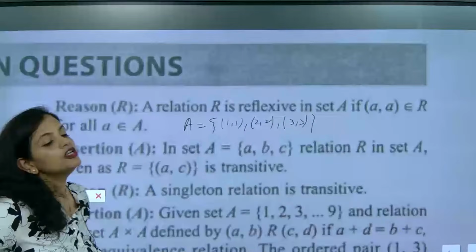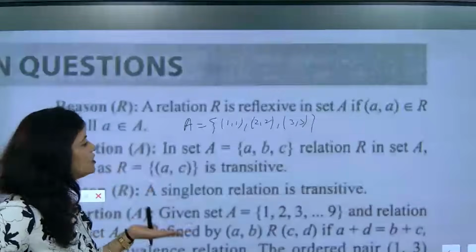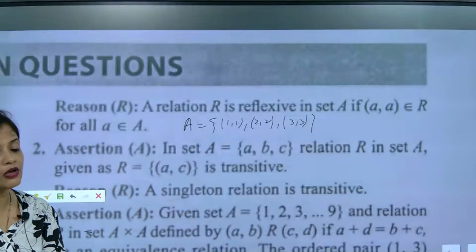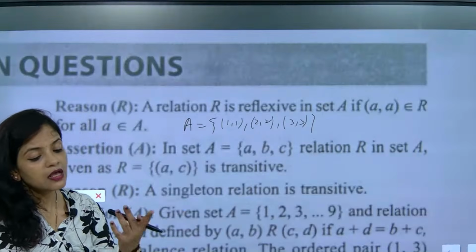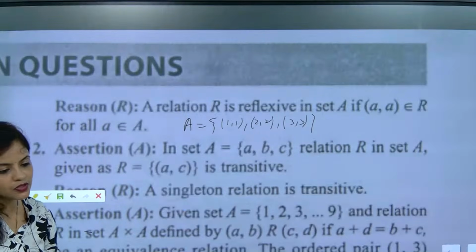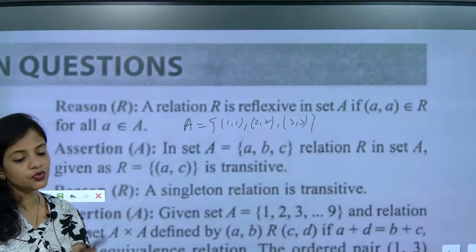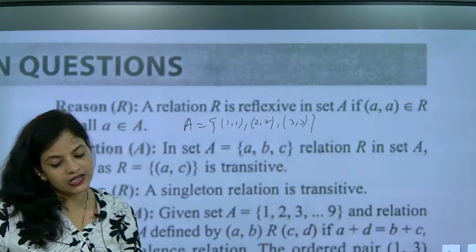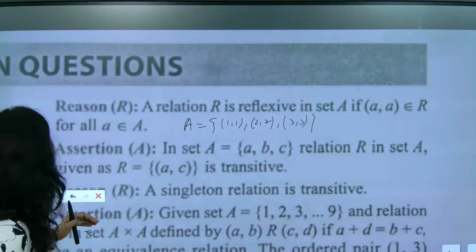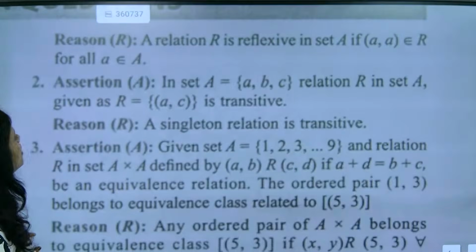It is going to be transitive because there is no connectivity. (1,1), (1,1), (1,1). What is this? Transitive. Then it is exactly called an equivalence relation. Why is it called an equivalence relation? Because it is reflexive also, symmetric also, and transitive also. All three conditions are well satisfied here. So it is exactly an equivalence relation. Okay.